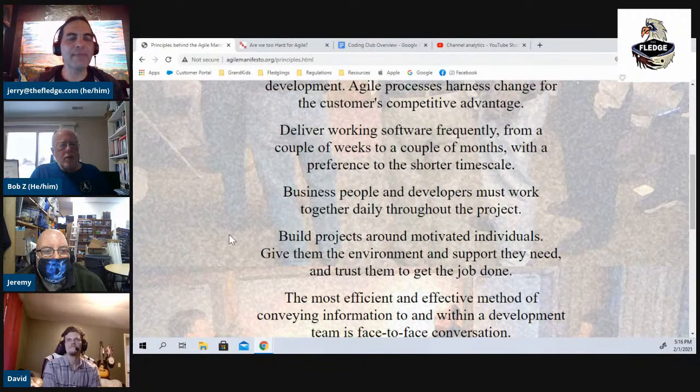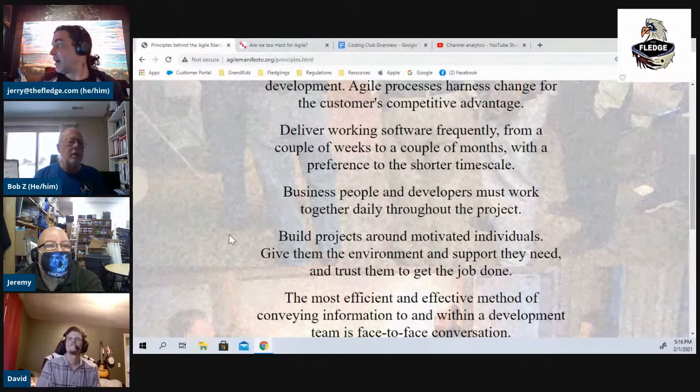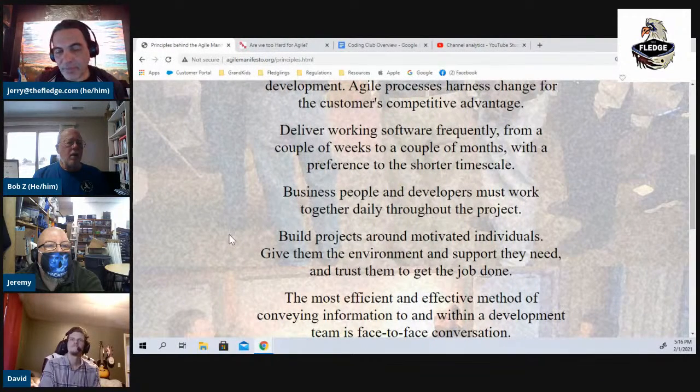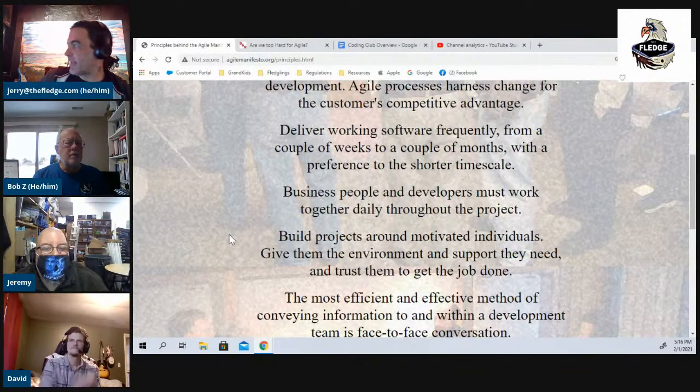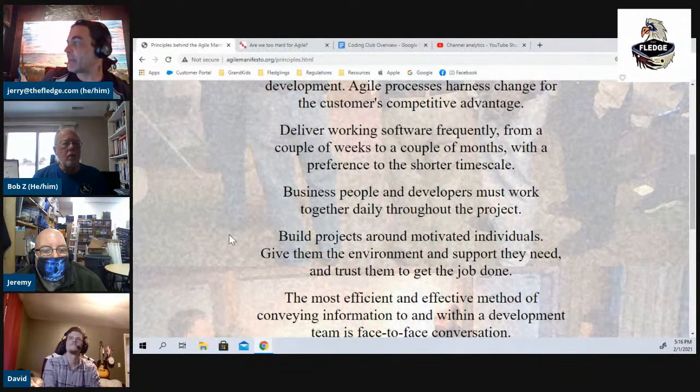If you can save me 5 minutes today, and then the next release is in a month or whatever, that's 150 minutes that you saved me in that month. That's a couple of hours of doing something better, more productive, more value add. So that frequent delivery is a really important part of the Agile methodology or manifesto.